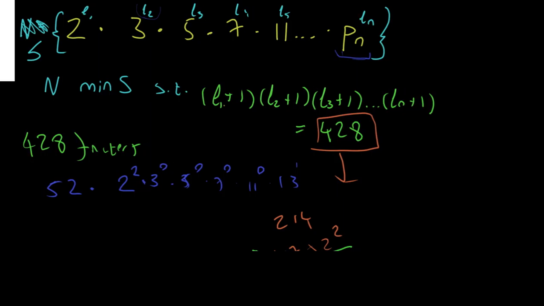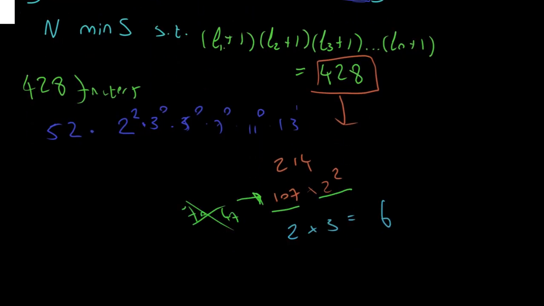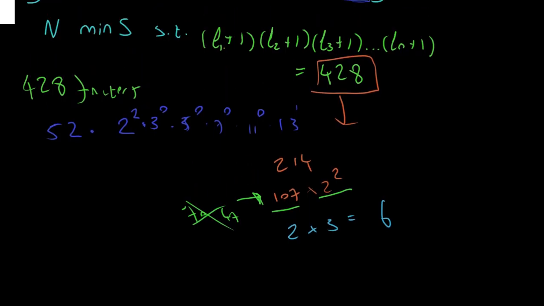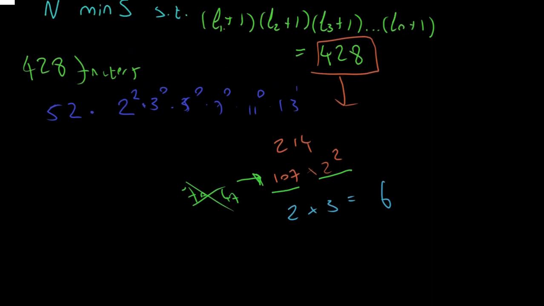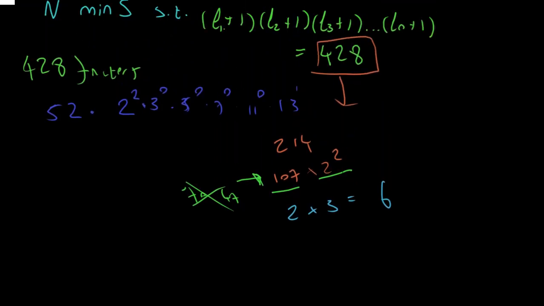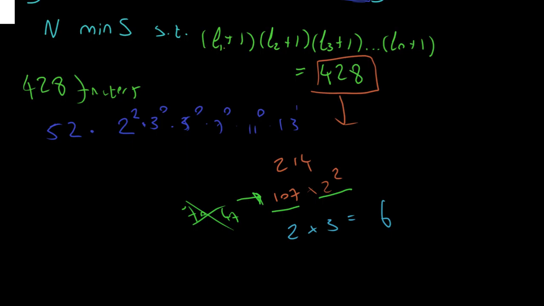Okay, and so how many ways can we write this number? How many ways can we break it down? Well, there's actually more than you might think. Basically we know that n is at most going to be 6, right?